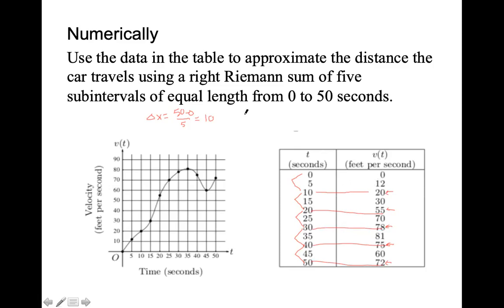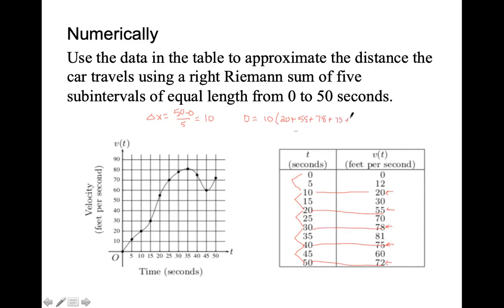So I am going to find the distance this time. I still have my 10, the width of each rectangle is 10, but now I'm going to be adding 20 plus 55 plus 78 plus 75, 78, 75, and our last one is 72.